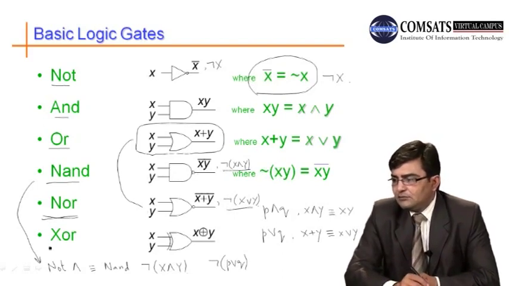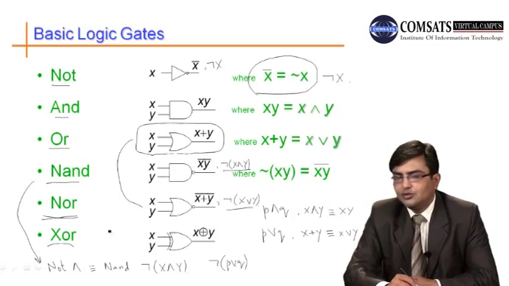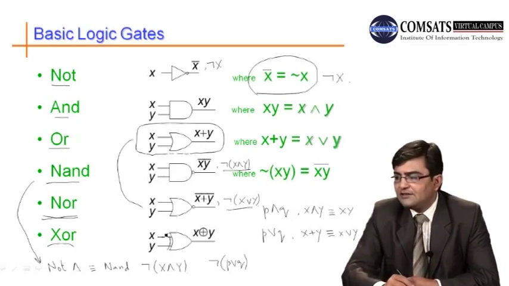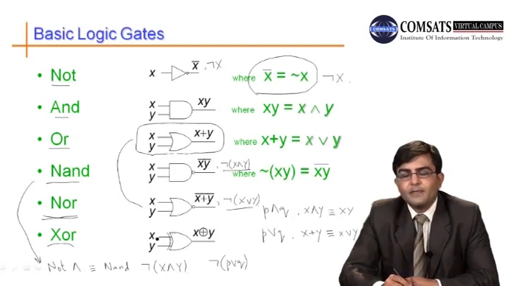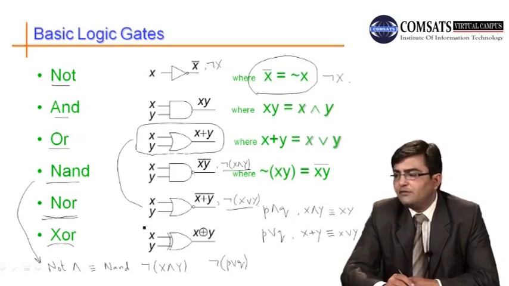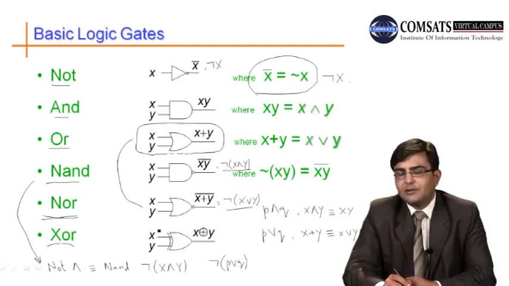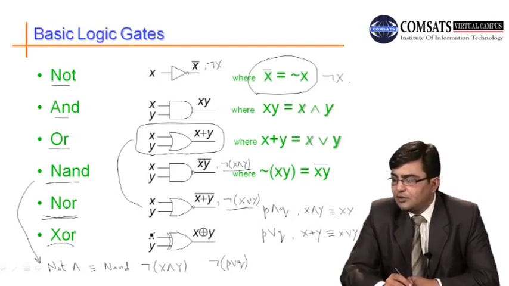The next logic gate is XOR. The XOR logic gate is the form of the OR operator in which exactly one of X or Y is true. We have studied the XOR operator in the first lecture.